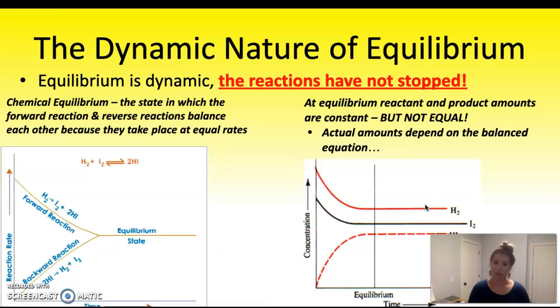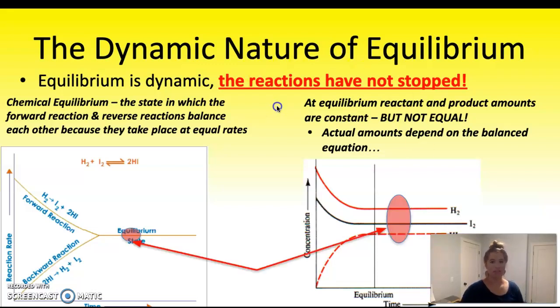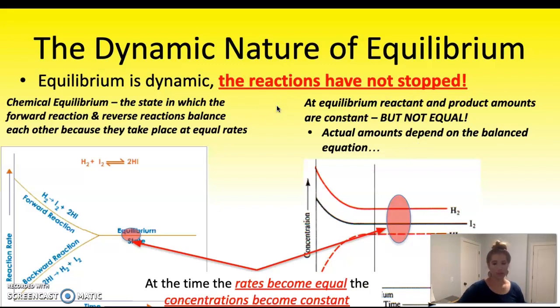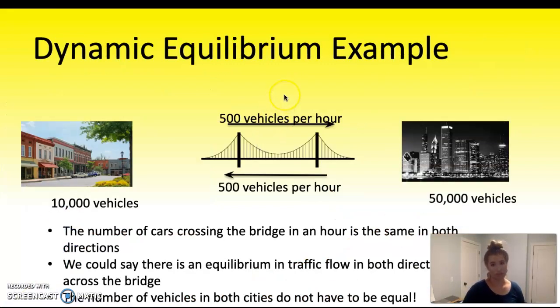Okay, so this is a dynamic equilibrium. There are always reactants becoming products and products becoming reactants, and that's going to occur over and over and over again, but it's happening at an equal pace so that the overall concentration stays the same. So let me give you an example of what I mean by this.